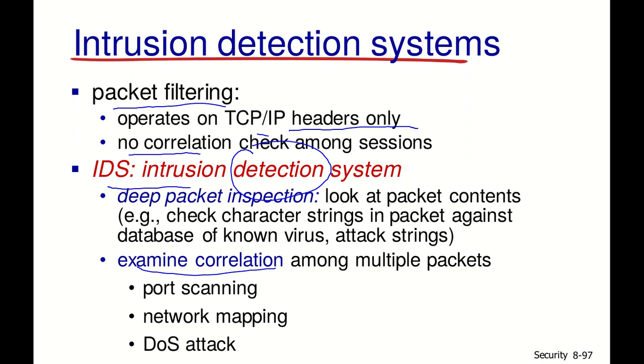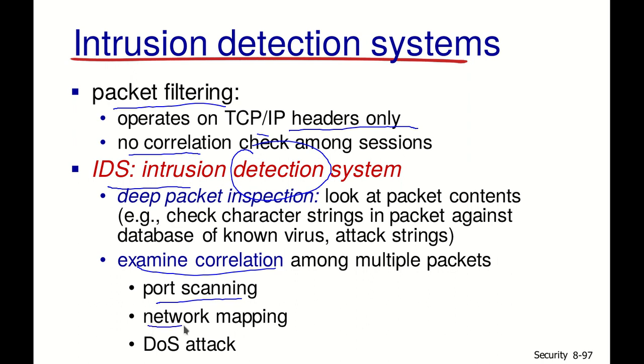It can also correlate the packets among different stations. For example, attackers may perform port scanning to see which ports are open in the network or on a specific host, so that the attacker can use that as an entry to launch attacks.